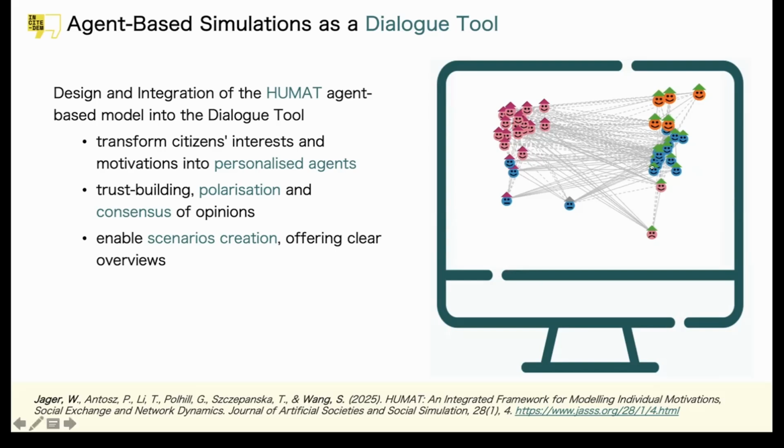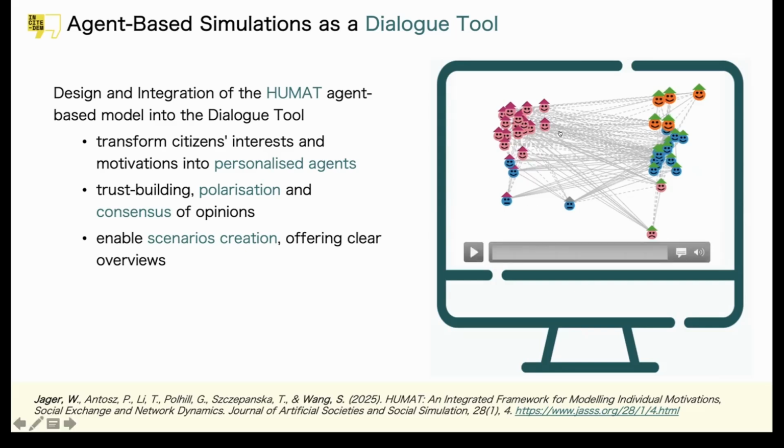On the right-hand side, you see a screen with a number of agents, and they can have very different perspectives. We see a number of them wearing a red hat, which means that they are less enthusiastic about the plan. When we see a group with green hats, they are more positive about this project. And we see that this positive group is not unified, but they have different colors, indicating that they have different speaking power and motivations.